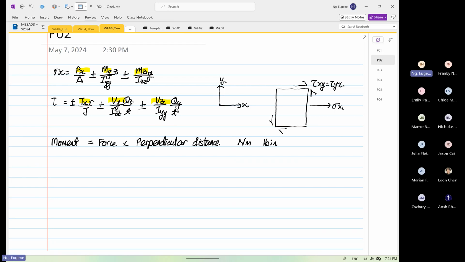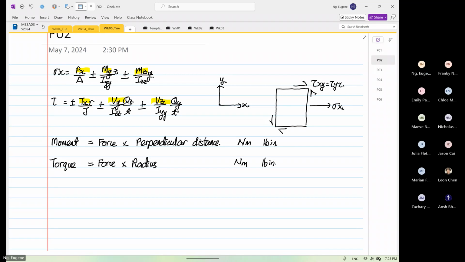That is the known unit. Okay. And then we have torque is equal to force multiplied by radius. The unit is in Newton meter or pound inch.